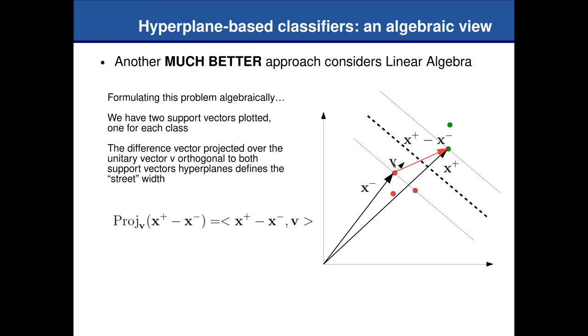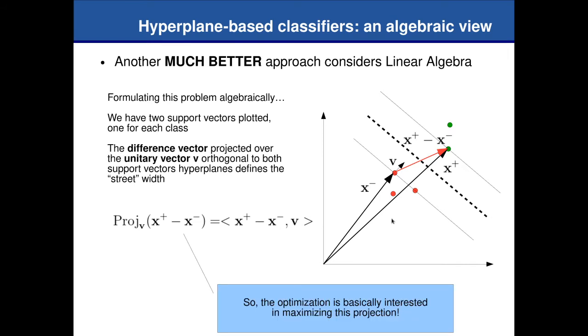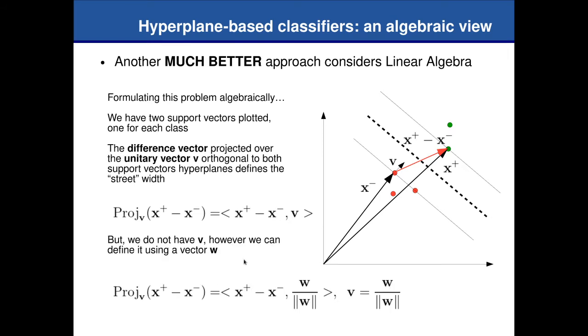This V is a unitary vector that I simply don't know. But it's interesting that I can define it. I can call V as W divided by the norm of W. This means that my vector W will be a vector whose length can be greater than 1 or smaller than 1.